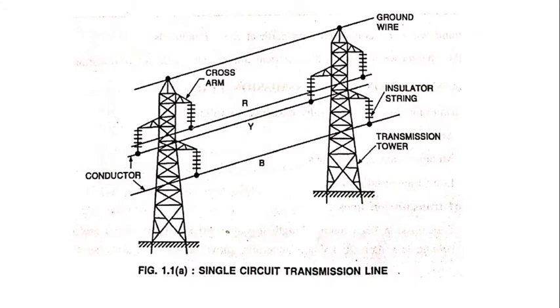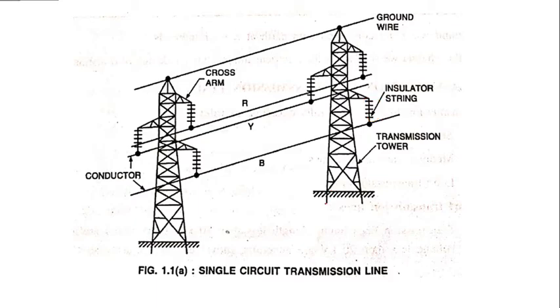Over here we have a total of 3 conductors, R, Y and B, the 3 phase transmission line, and on top of the transmission tower we have our ground wire which protects our 3 phase wires from lightning strokes. This is called a cross arm. These are our conductors. These are the insulator strings, and these both are the transmission tower.